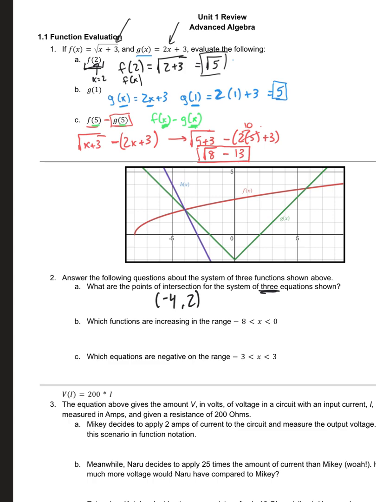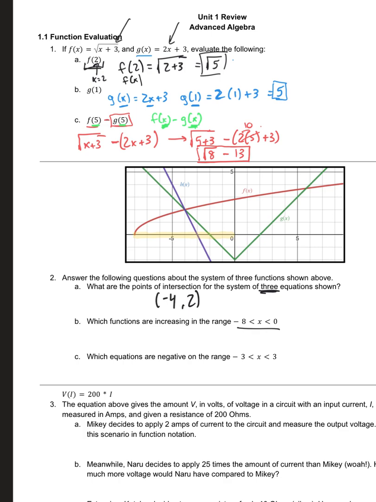Okay, now it says what functions are increasing in the range -8 is less than x, which is less than 0. Let's just mark our range. Let's just highlight it real quick. So when x is at -8, okay, it's right here, and in between -8 and 0. All right, so there is our range right there. And we say what functions are increasing?